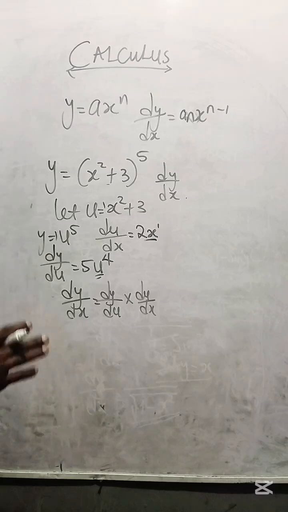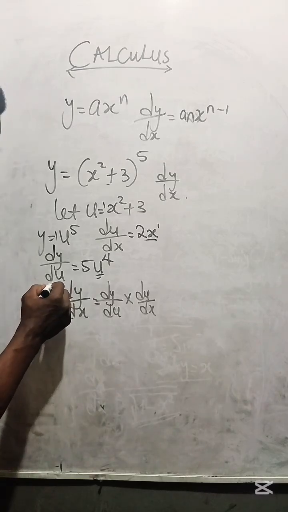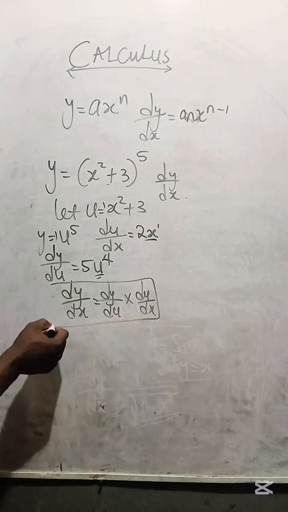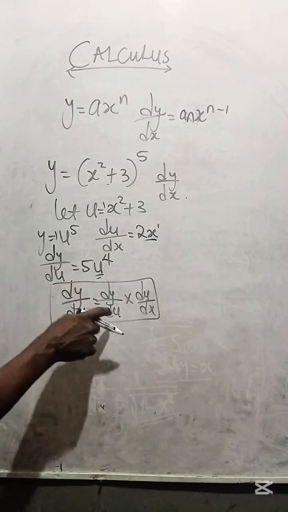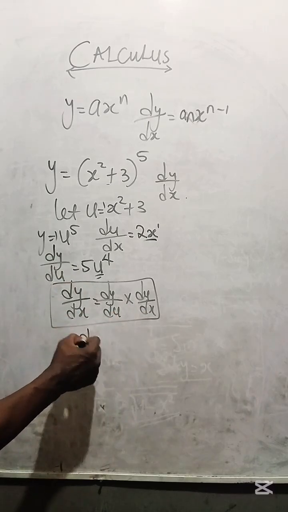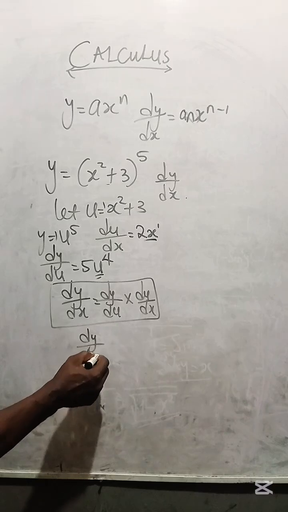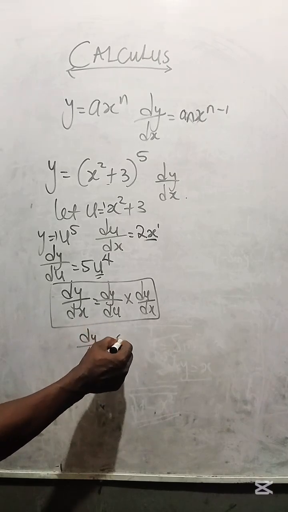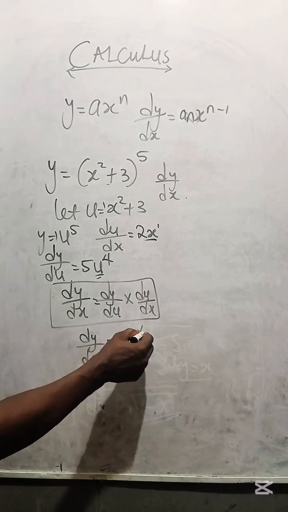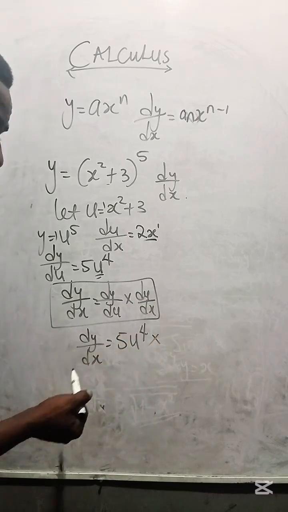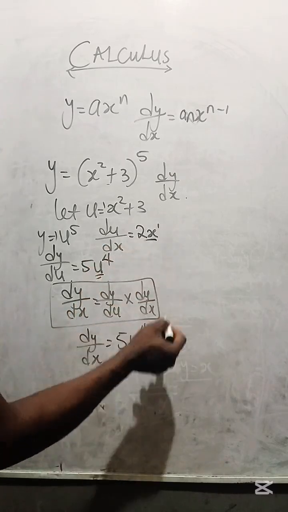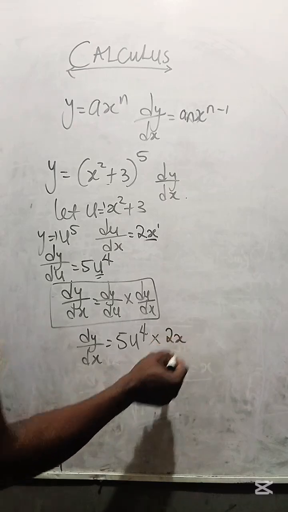So to solve this chain rule problem, we have to use this formula. Anywhere you see dy/du, which is this, you apply it and say dy/dx is equal to 5u raised to the power 4 times du/dx. du/dx is 2x.